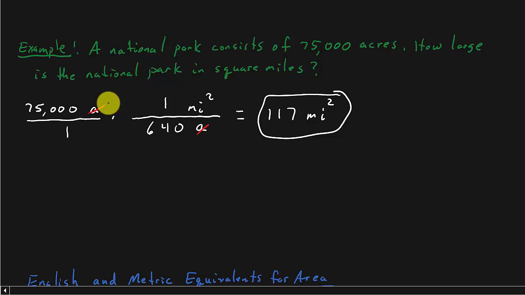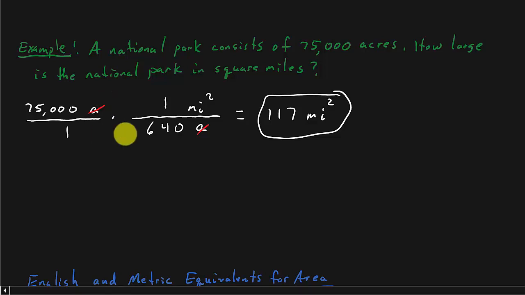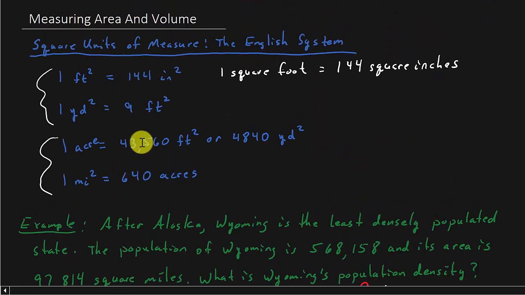See, it's really important to write these units of measurement down as you're working the problems, because then you can see how they cancel, and it also helps you to see where the numbers go, the 1 and the 640.